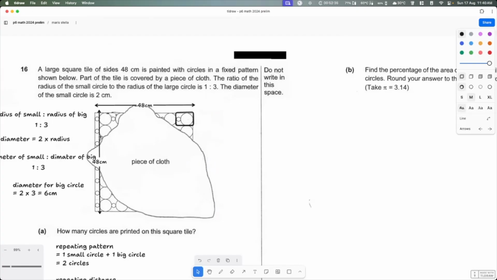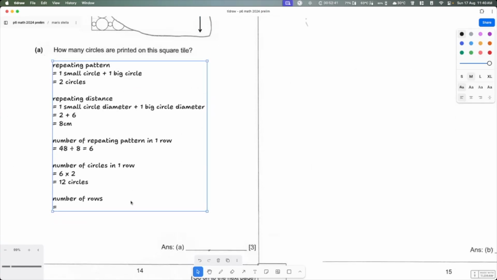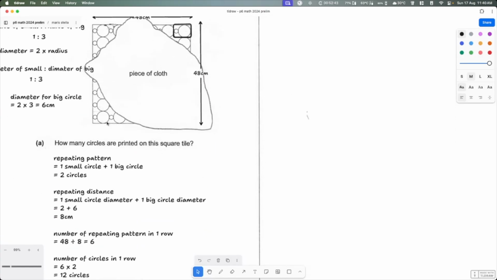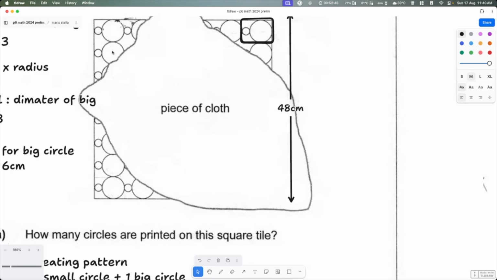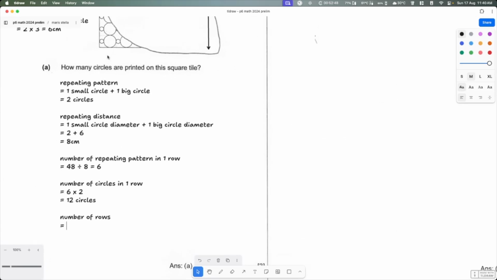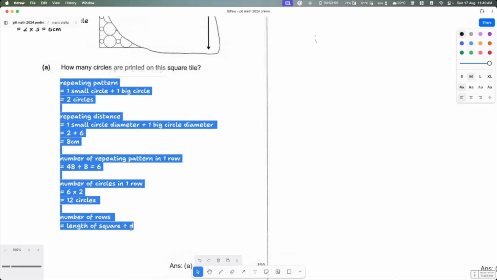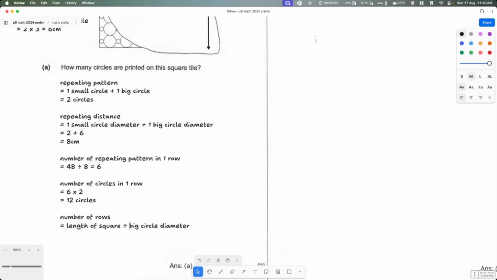As you can see, it's the big circles, so the number of rows is the length of the square divided by one big circle diameter. In this case, 48 divided by 6, which is equal to 8 rows.